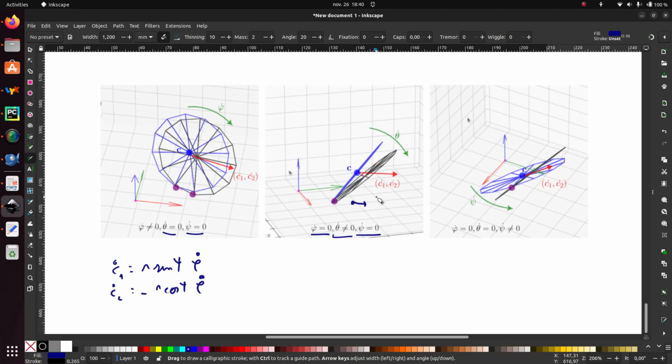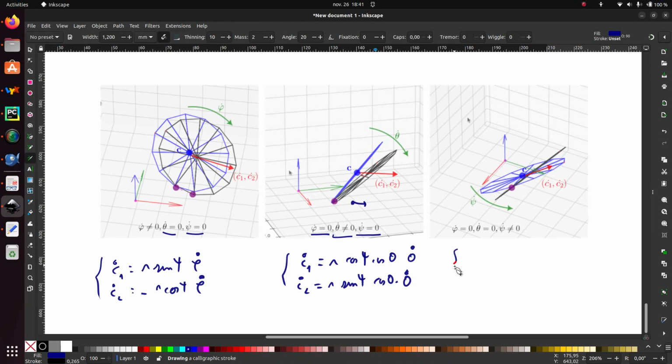So we can see here that C dot 1 and C dot 2 will be equal to R cos psi cos theta multiplied by theta dot, and R sin psi multiplied by cos theta multiplied by theta dot. So we can understand this.